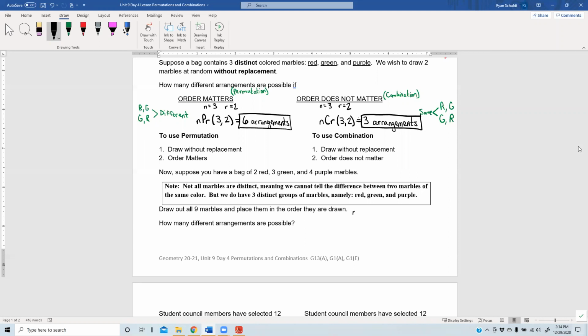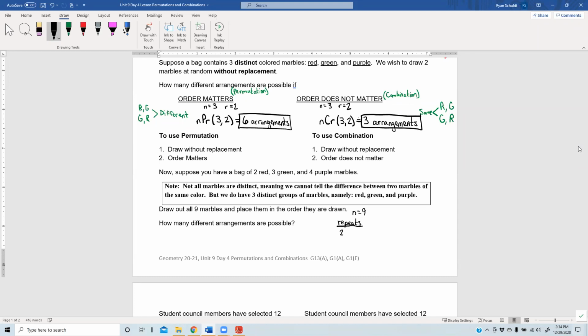So what this tells us is that n is equal to 9. How many different arrangements are possible? Well, since I have 2 red that look exactly the same, 3 green that look exactly the same, and 4 purple that look exactly the same, these are repeats. This is like the Mississippi problem, where we have to deal with having repeats.